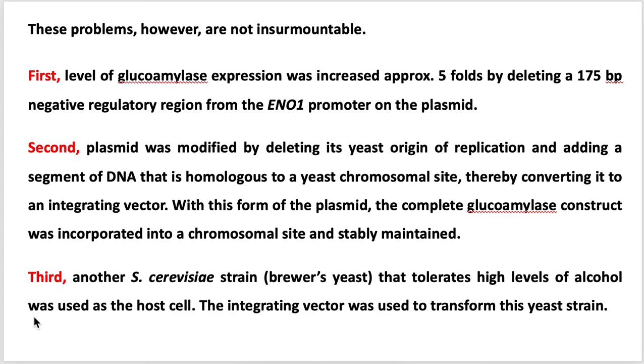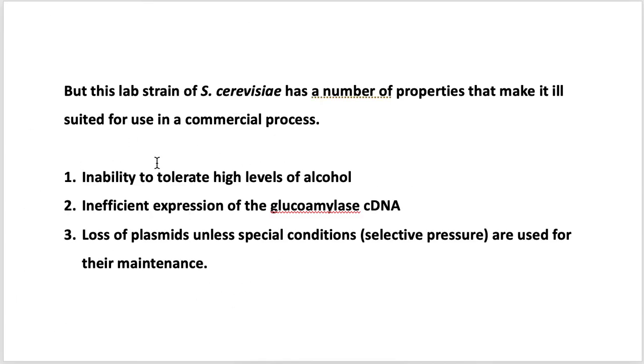Scientists were able to isolate a better alcohol tolerant Saccharomyces cerevisiae strain and use it to make the recombinant strain. So by these approaches, the problems associated with the recombinant Saccharomyces cerevisiae were resolved.